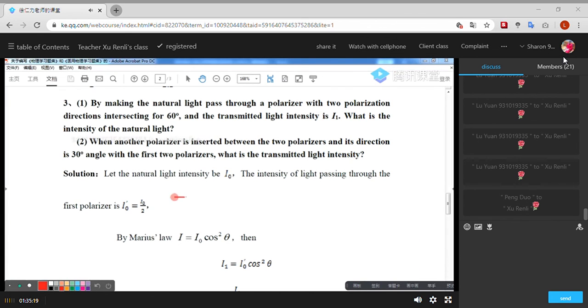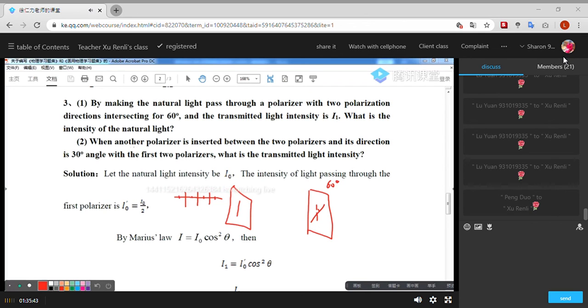It means that the natural light passes through a polarizer and another polarizer, and these two polarizers have an angle of 60 degrees.